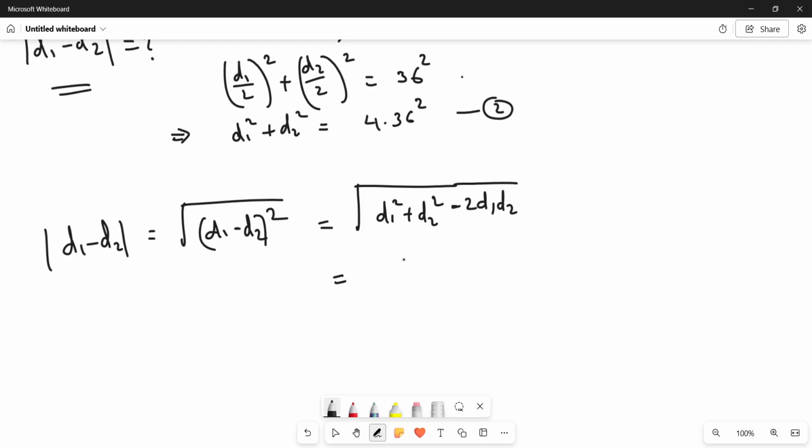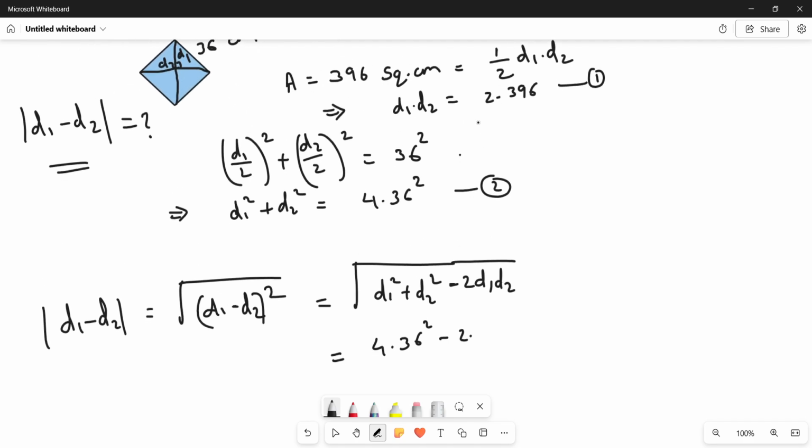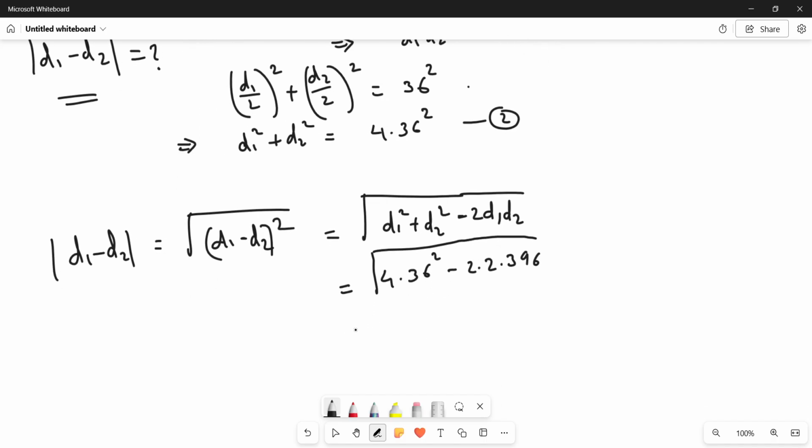So d1 square plus d2 square is nothing but 4 into 36 square, minus 2 into d1 d2, which we know is 2 into 396, all under root. So let's get the 2 out of the square root. We have 4 and 2 into 2 here, so let's bring the 2 out.